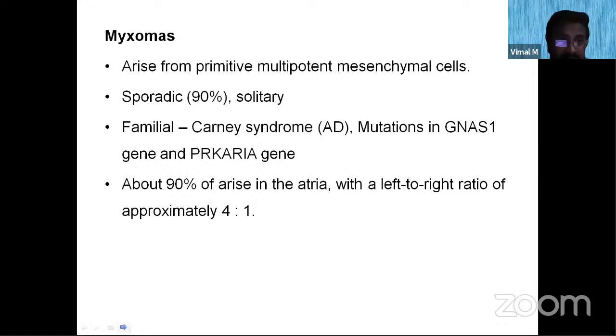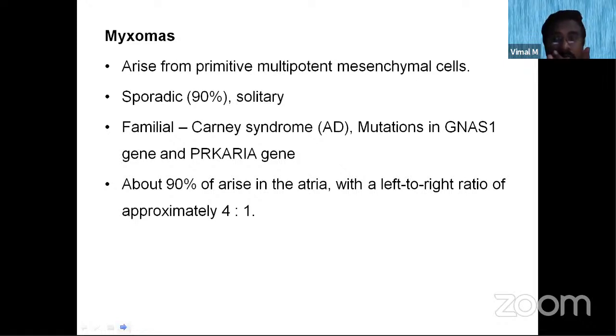These patients will be having myxomas. A very important point to be noted in myxomas is that about 90% of the tumors arise in the atria, with a left to right ratio of approximately 4:1. To simplify, myxomas are common in the left atrium.